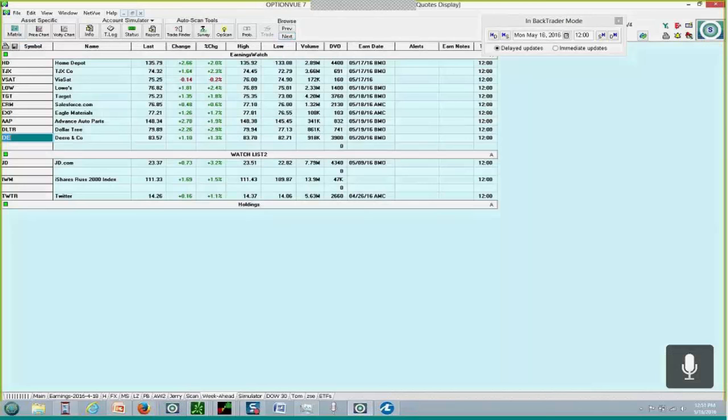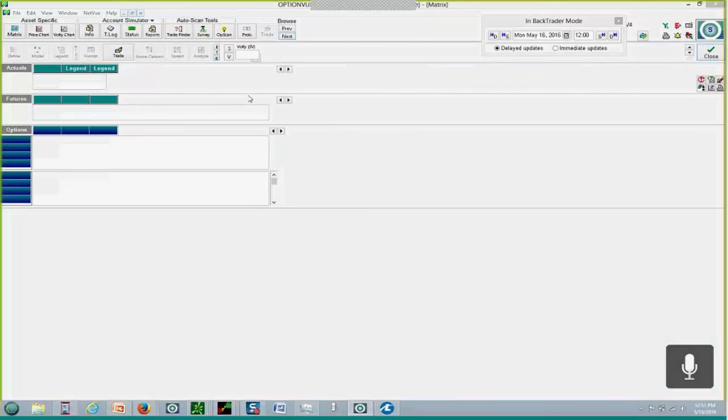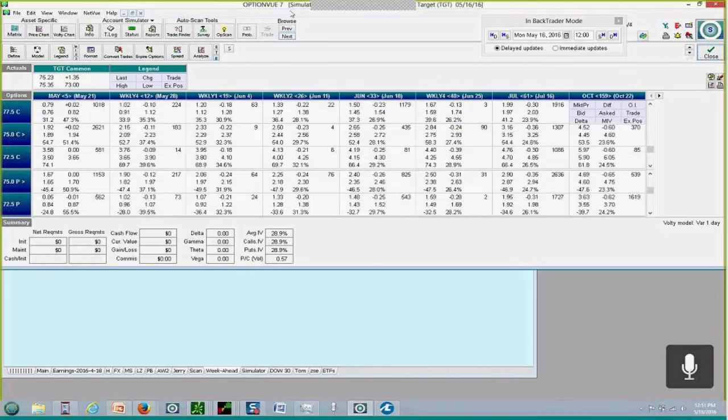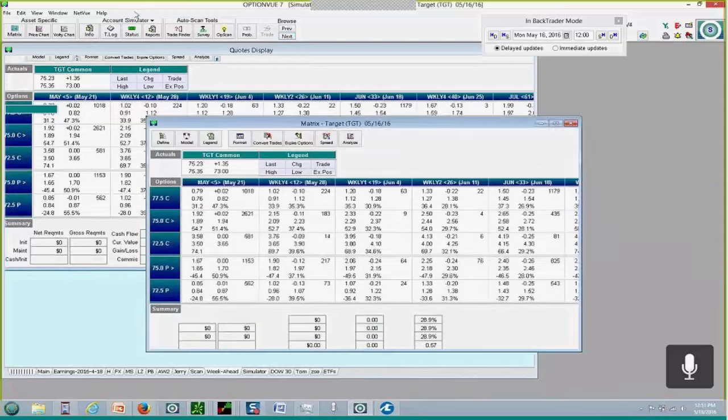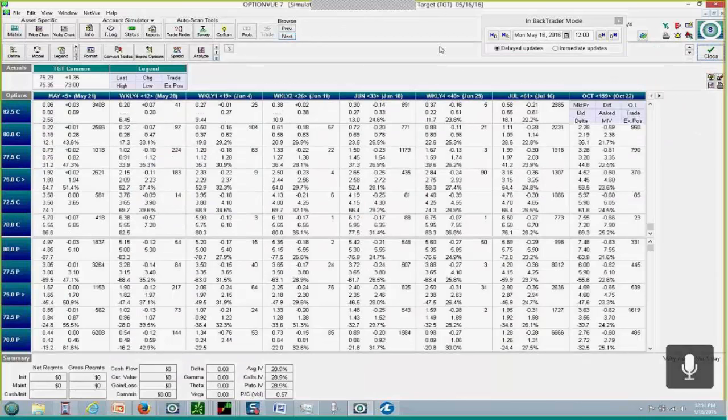about here. If I go ahead and come out here, this is my quote window. If I click on Target, it's going to open up what's called the matrix inside of OptionVue. And what I'll do is hit this button here, and I'm going to bring in a bunch of quotes. And all of these quotes are frozen in time from 12 o'clock this morning.